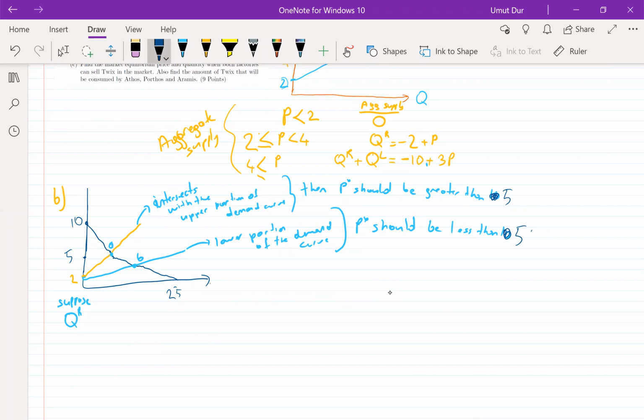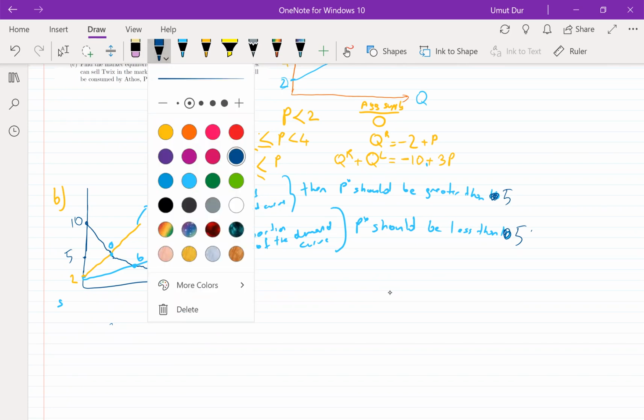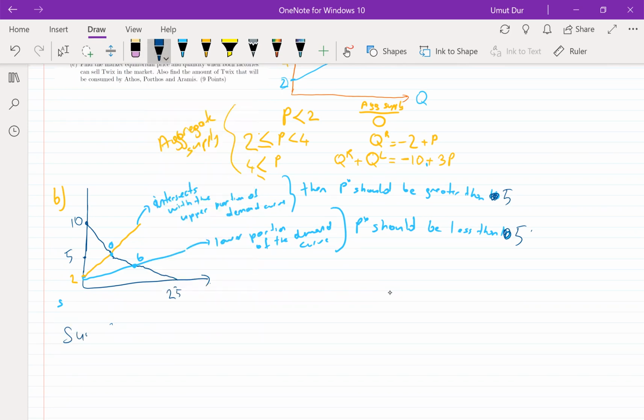We have these two options here. Okay, so we will check. So we will suppose that supply and aggregate demand intersect at point A. Okay.